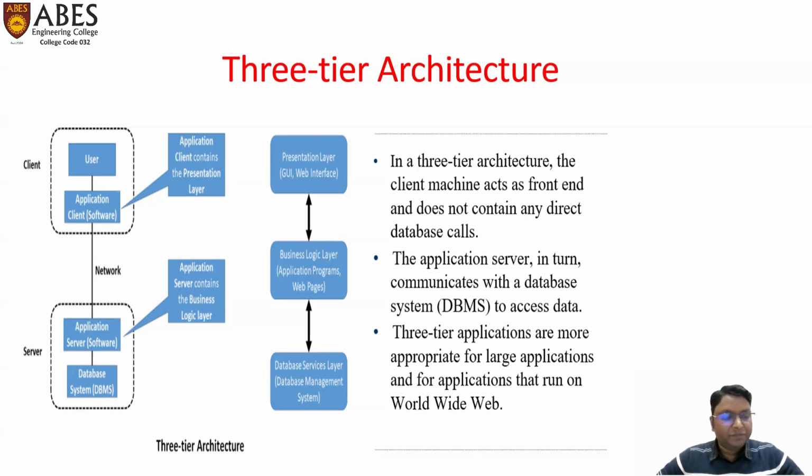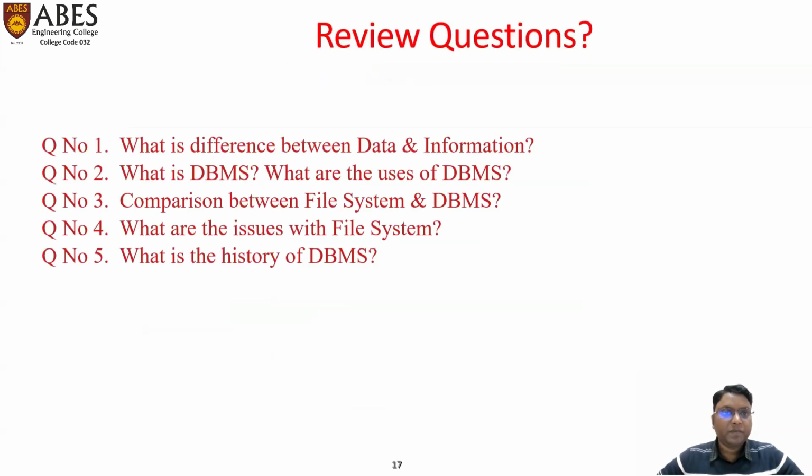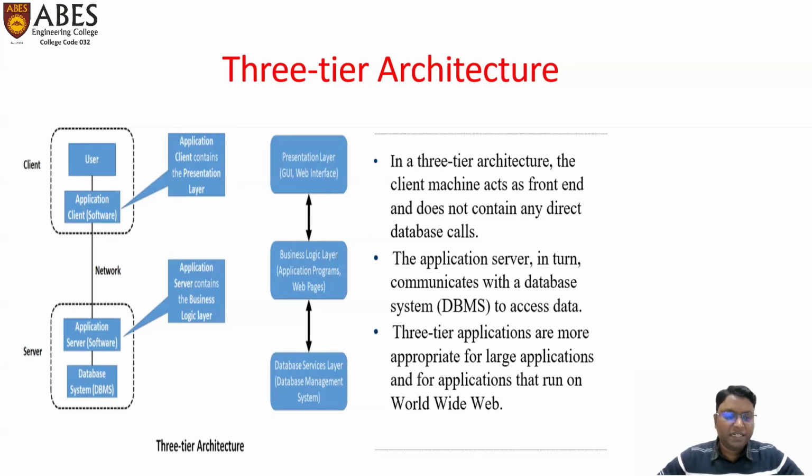So this is also a very important architecture. We have various questions related to single tier, two-tier, and three-tier architectures. In exams, they ask about the architectures in detail, the differences between them, and a lot of things may be asked during the examination.